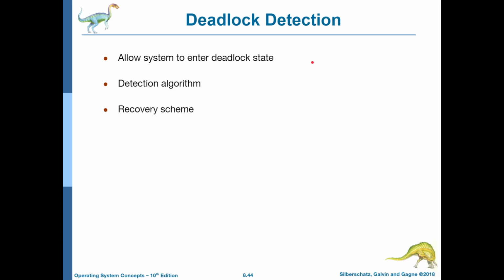Deadlock detection allows the system to enter a deadlock state, so this is after the deadlock has happened. There are algorithms that help detect a particular deadlock, and once you've detected a deadlock, a scheme must be implemented that allows you to recover from that deadlock.